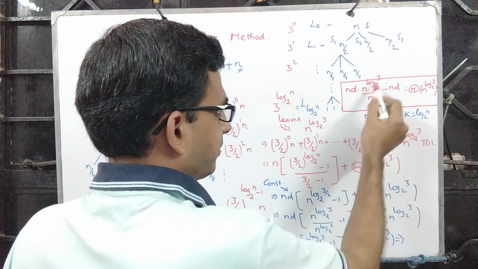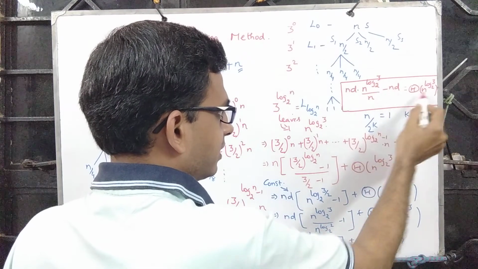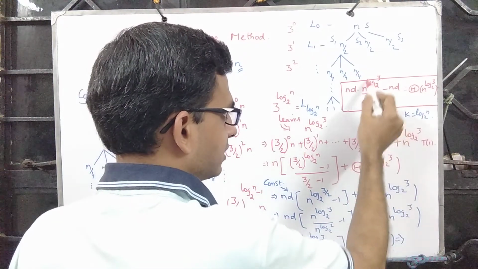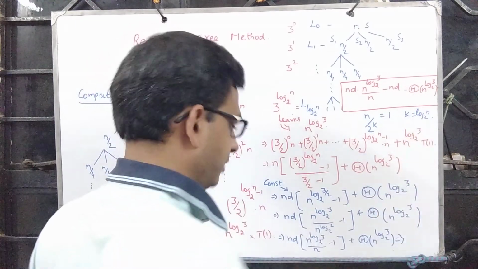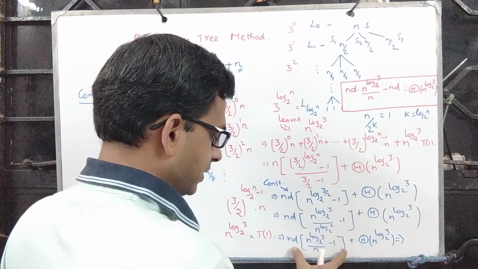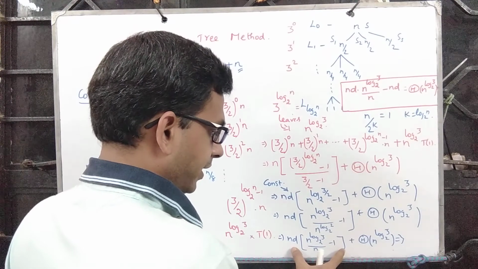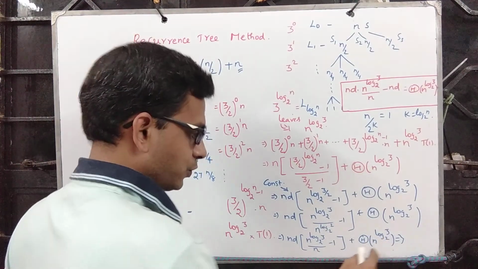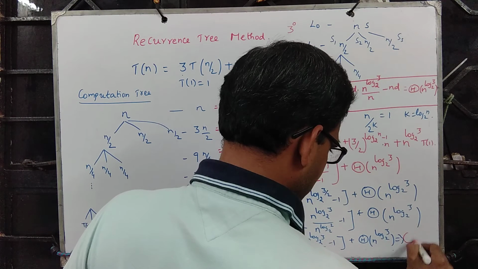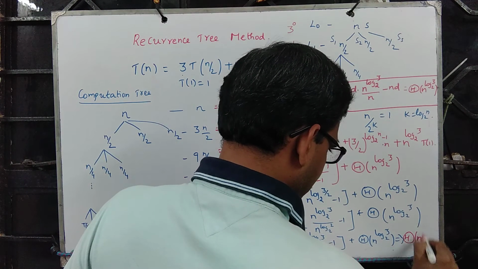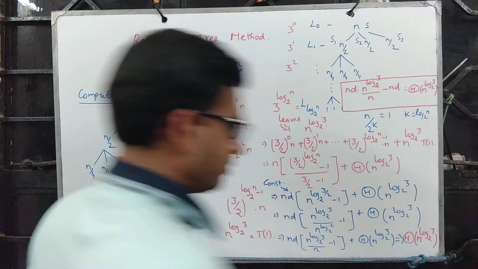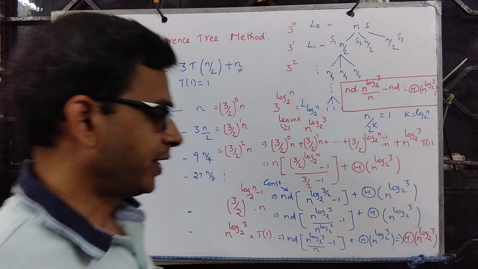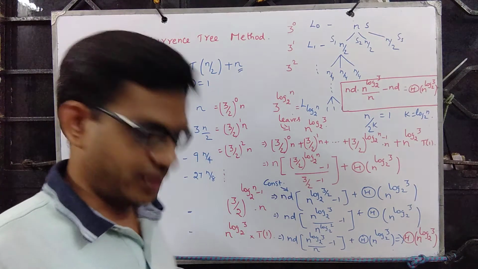So n to the power log 3 base 2 minus n is, in asymptotic sense, the order of growth of this is much faster. So theta of n to the power log 3 base 2. So this one is theta of n to the power log 3 base 2 plus this. So overall the time complexity of the underlying algorithm is theta of n to the power log 3 base 2.